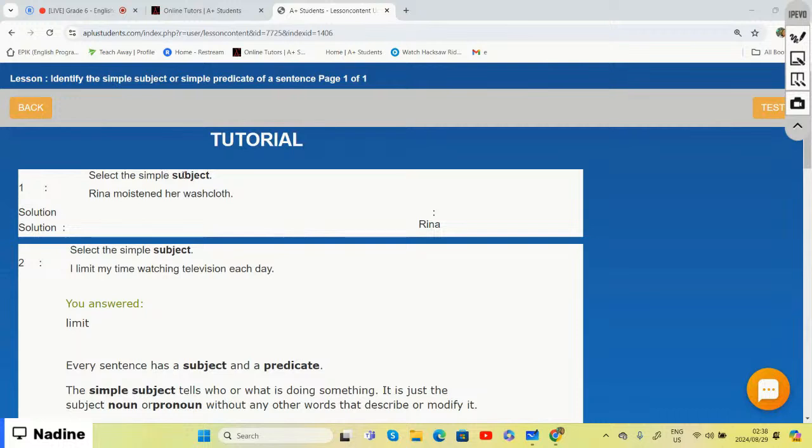So we now need to select a simple subject, only the noun or pronoun. It says Rena moistened her washcloth. So Rena moistened her washcloth.